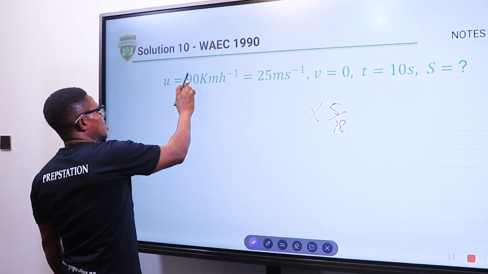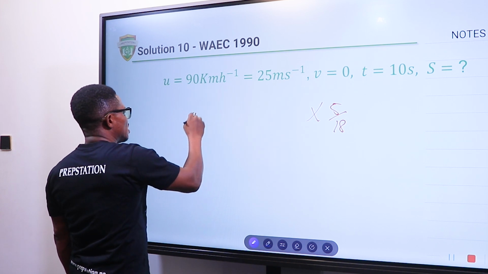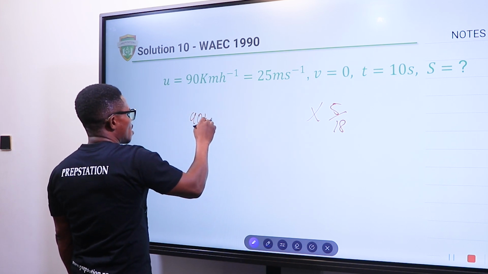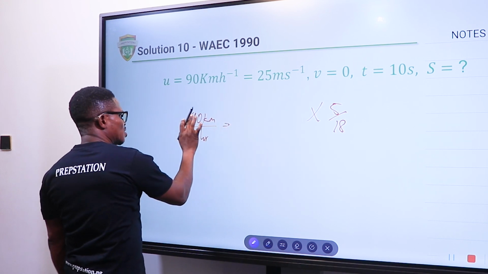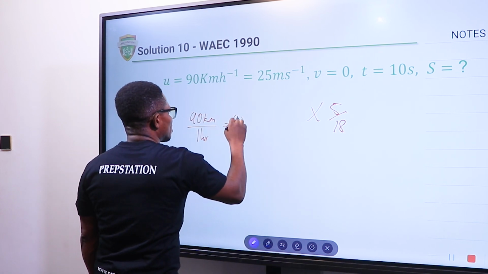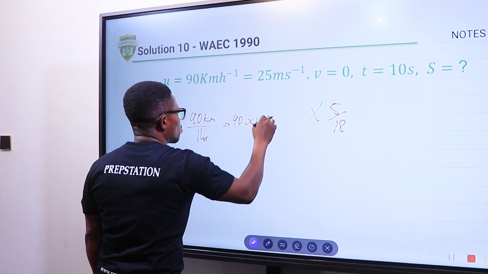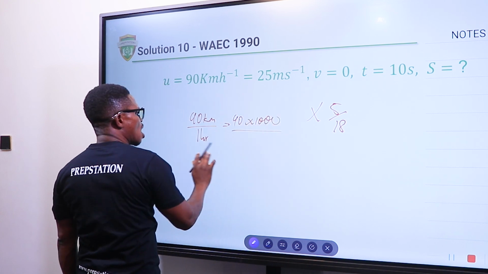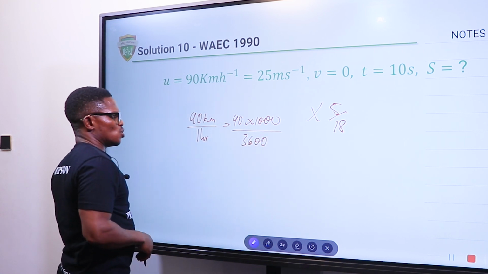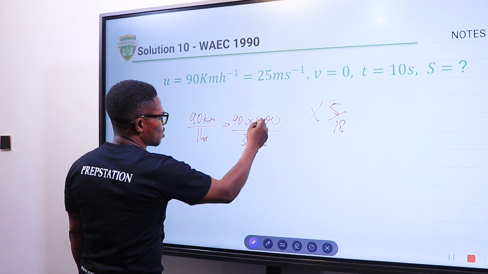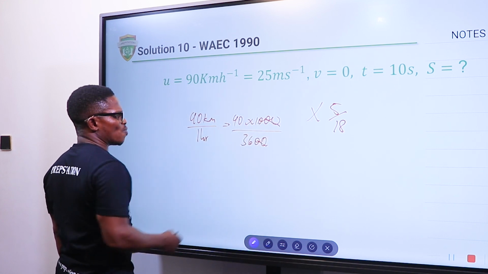How did I get to 5/18? It's very simple. This is 90 kilometers per 1 hour. Now, in meters per second, 90 kilometers is the same thing as 90,000 meters, and 1 hour is equal to 3,600 seconds. By the time you play with this, remove the zeros, you are left with 10/36.